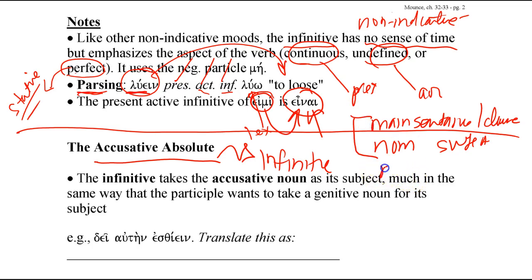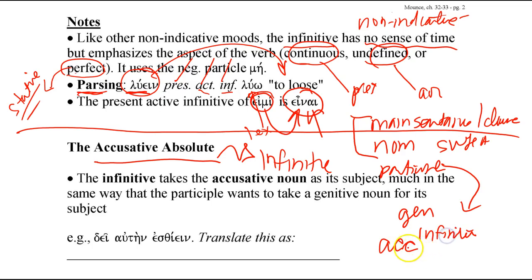But if you have a participle, if you want a separate subject for the participle verb, that's in the genitive, what we call the genitive absolute. And now we're learning that if you want to have a separate subject for the infinitive, it uses what we call the accusative absolute.